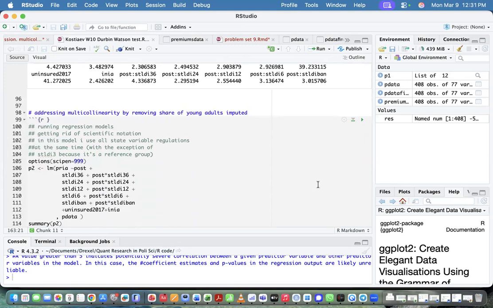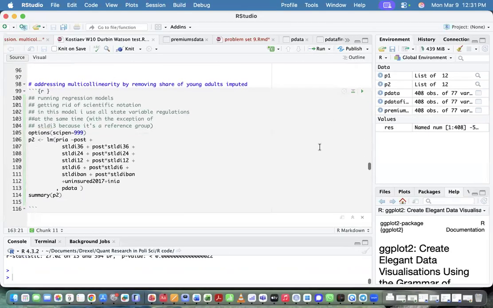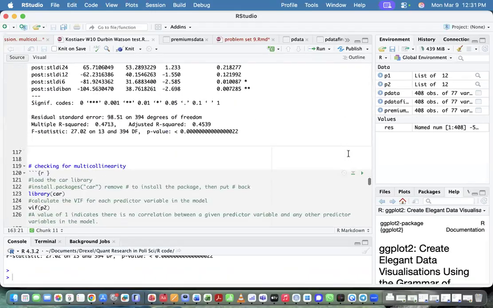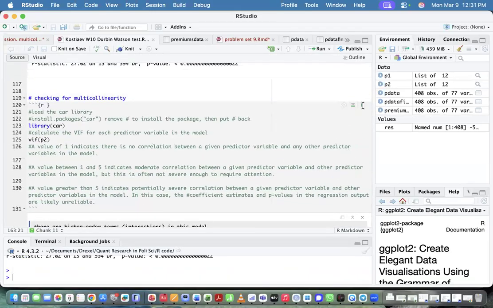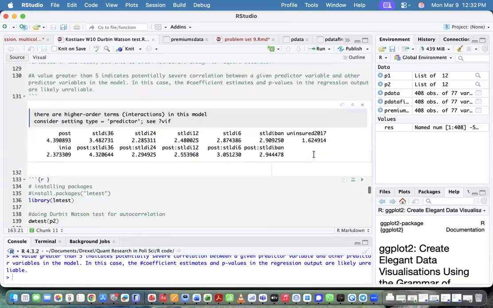And the way you address multicollinearity, I think somebody made a mistake like that. Somebody diagnosed multicollinearity but did not address it by removing the variable. And the way to address it, you just drop the variable, and then you do multicollinearity check again.